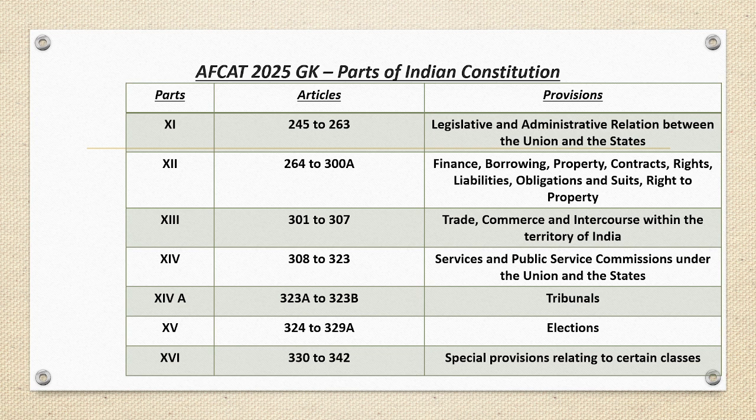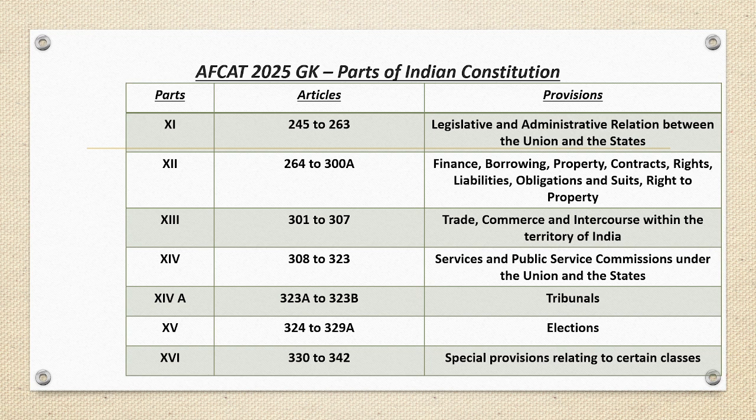Part 12, we have articles 264 to 300A. It deals with finance, borrowing, property, contracts, rights, liabilities, obligations and suits, and right to property. Then we have part 13, trade, commerce, and intercourse within the territory of India.